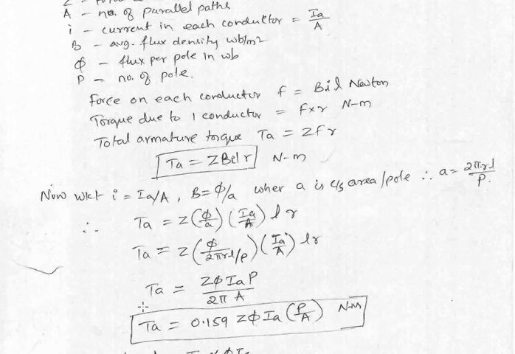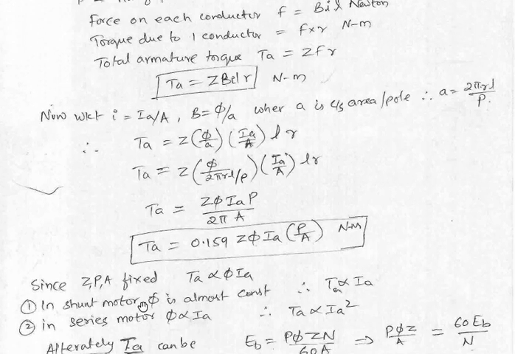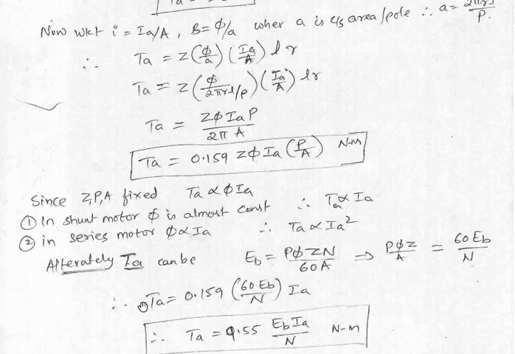The equation will come as TA is equal to Z phi IA into P divided by 2 pi A, or it can be represented as TA is equal to 0.159 Z phi IA into P divided by A Newton meter.